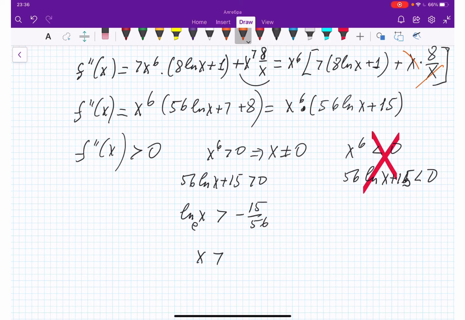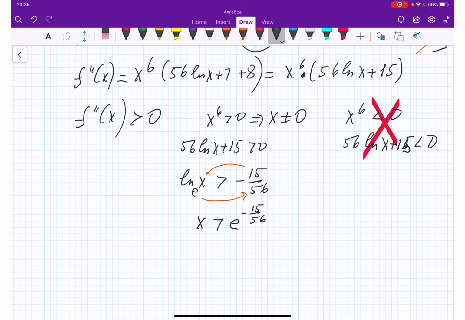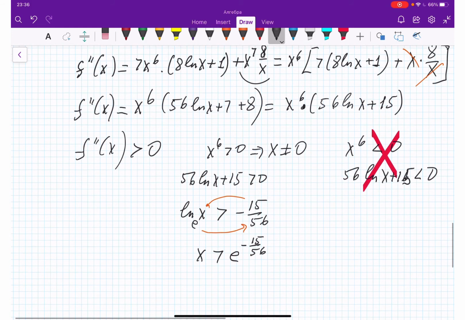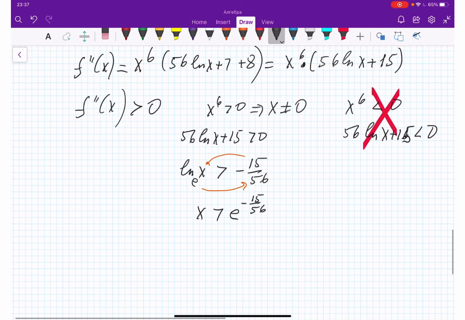Remember the definition of a logarithm: base raised to a power gives the result, which in this case is going to be e to power negative 15 over 56, right? Just to remind you, the domain has to be all positive real numbers because we have a logarithm, correct? Therefore, this result we are going to break down into 3 cases.